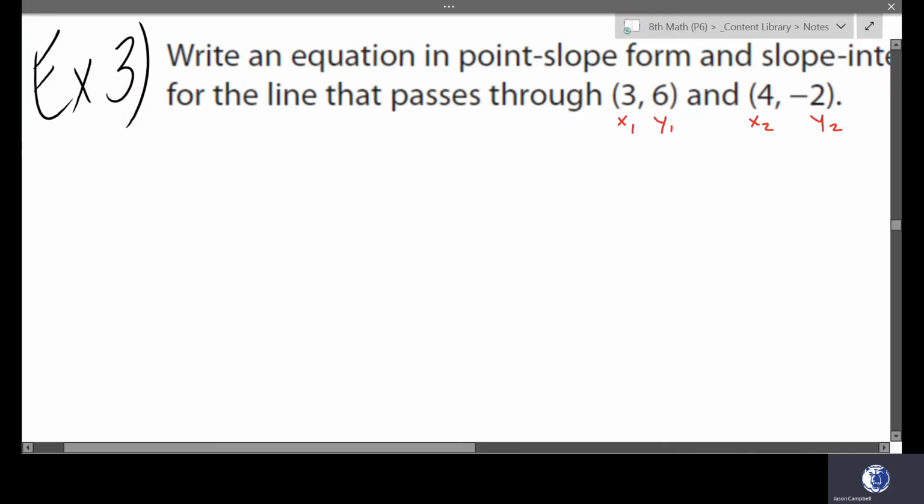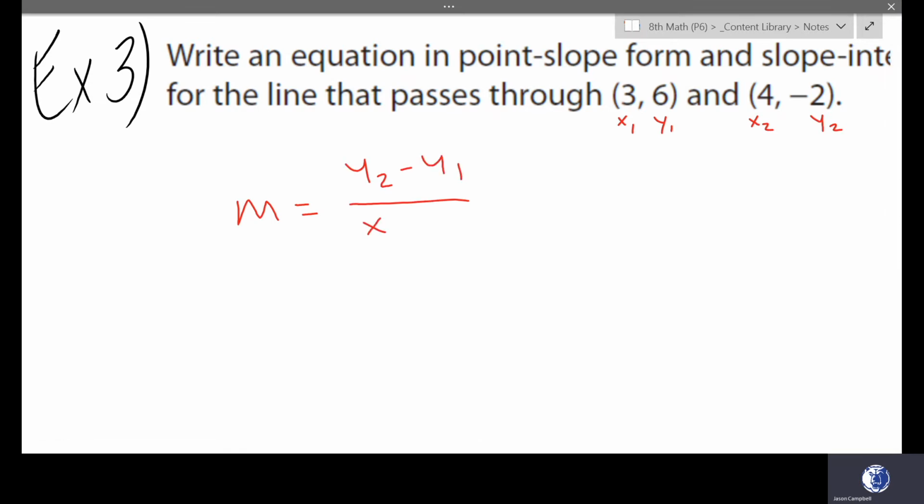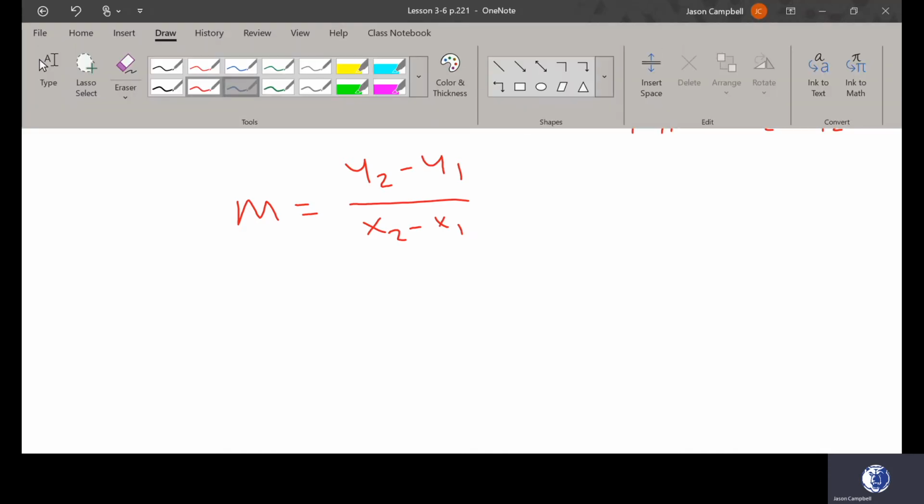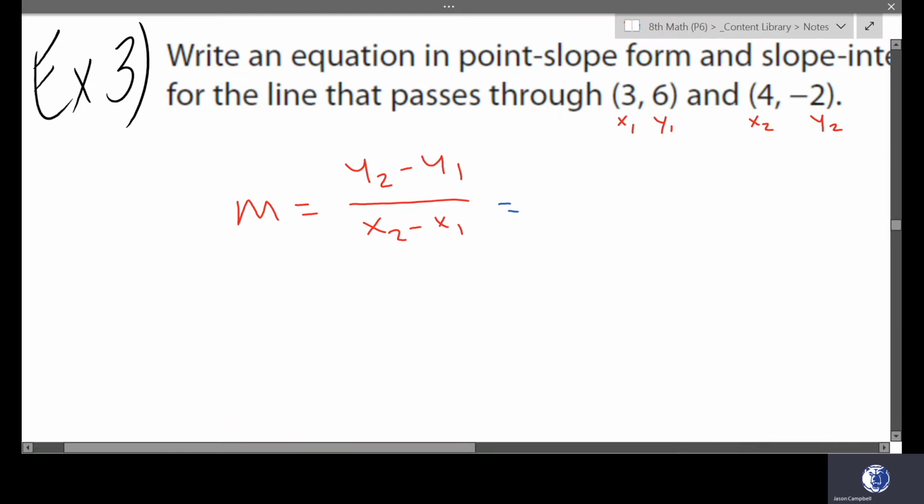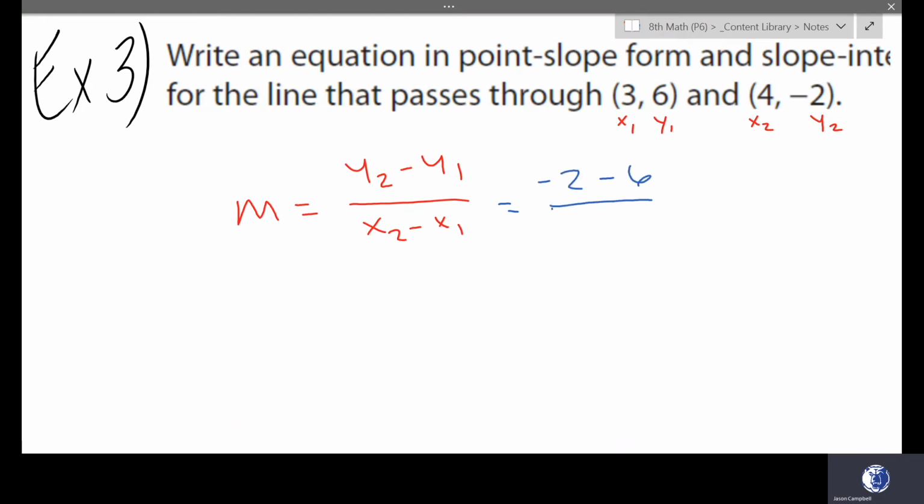So I know that m is equal to y2 subtract y1 over x2 subtract x1. So I'm going to plug in my values. -2 subtract 6 over 4 subtract 3. That's negative 8 over 1, which is negative 8.